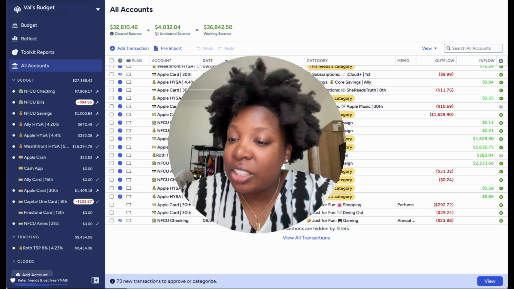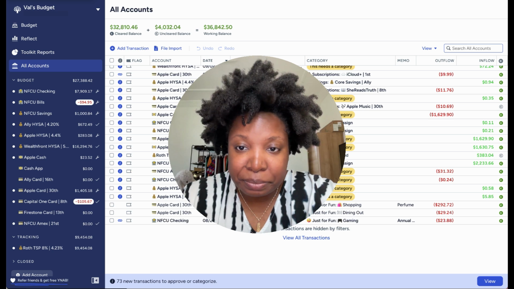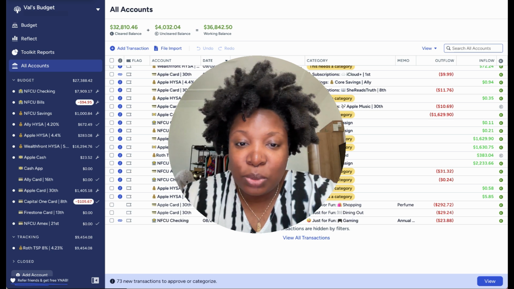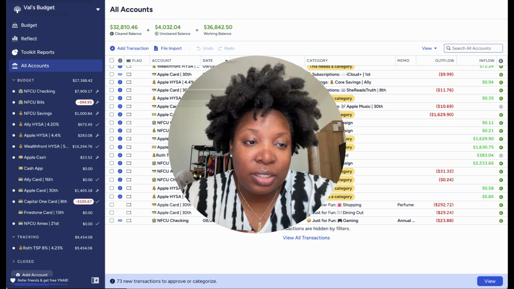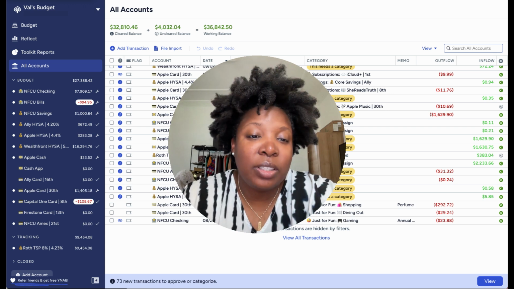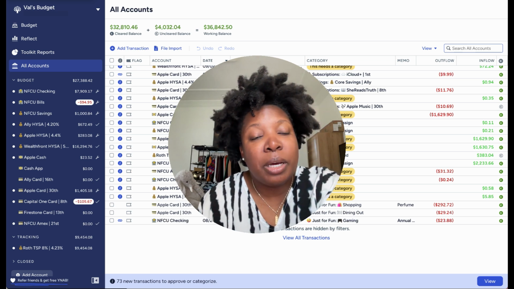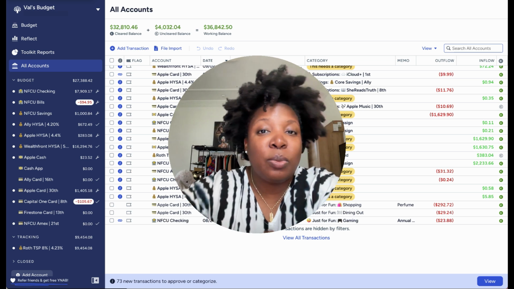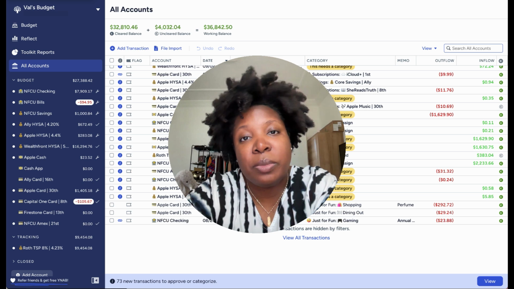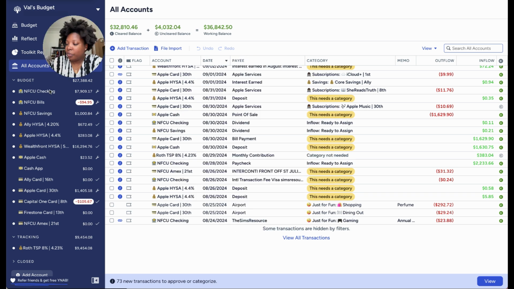I mean, I could start at the bottom and go through, but I want to just go through each individual account one by one. That way I can actually have the account open on my phone, and I can scroll back and look at the transactions to make sure the numbers and the dates are correct. So first, we're going to go ahead and start off with my checking account.